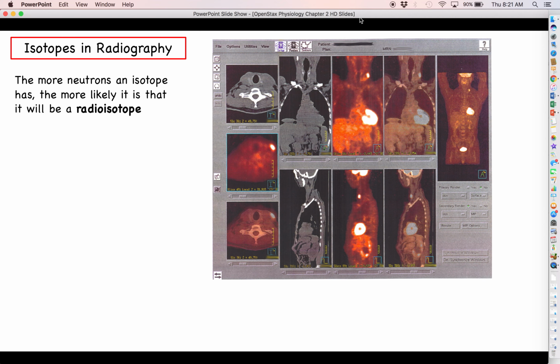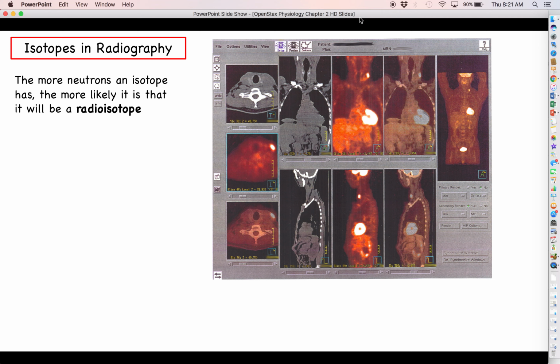Isotopes are very important in medical technology, especially if we relate things back to the previous chapter, PET scans. When we discussed PET scans, we said that a person will be injected with some type of radiopharmaceutical. Most of the time, these radiopharmaceuticals are going to be isotopes of a particular element that give off radiation, and we call those radioisotopes.